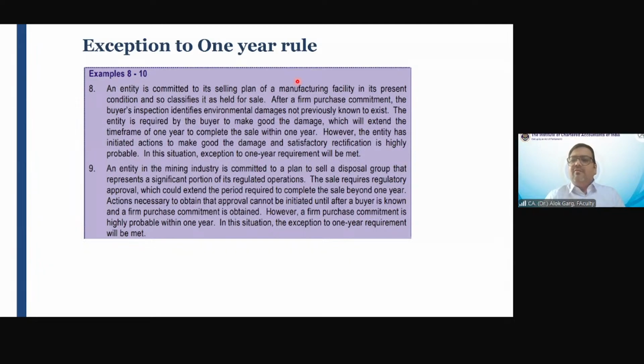See, you have to see two aspects. Number one, Maruti is into the business of manufacturing and selling new cars, right? So when Maruti is using the cars for its own business purposes, and one fine day decides to sell those old cars, it means it is PPE which is classified as held for sale.